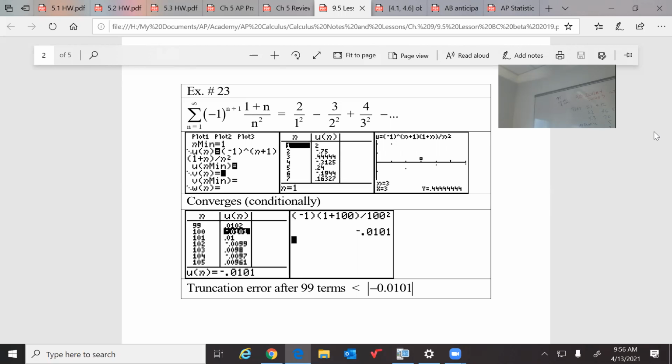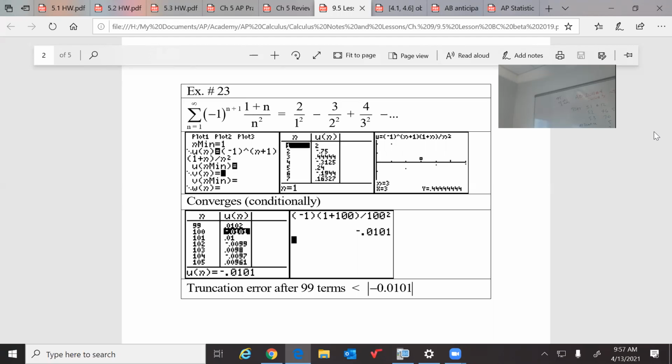Because the only reason this is converging is because the signs are alternating. If you took the absolute value of this, you have n over n squared. If you L'Hopital that, you get 1 over n. So the limit is it's going to the harmonic, and the harmonic diverges. So this converges conditionally, meaning it only converges because the signs alternate.